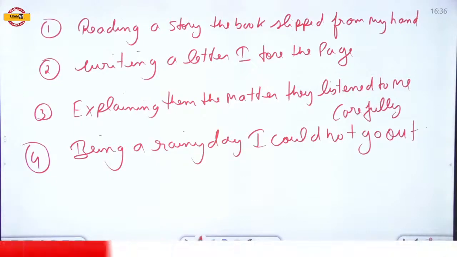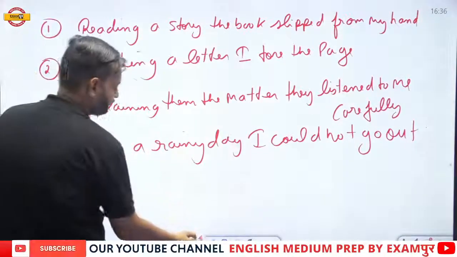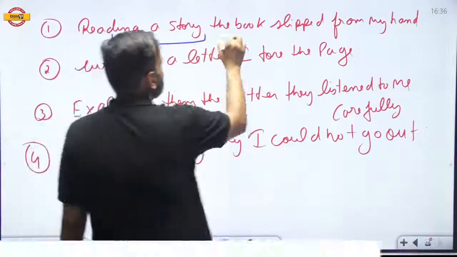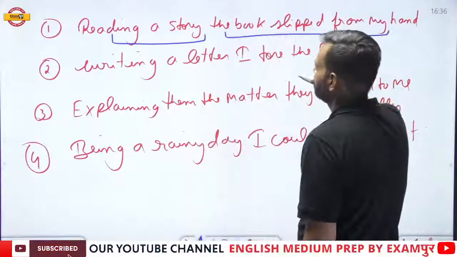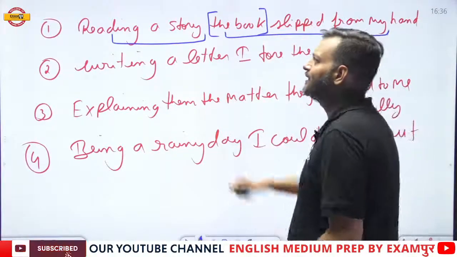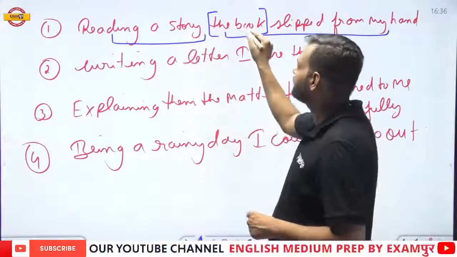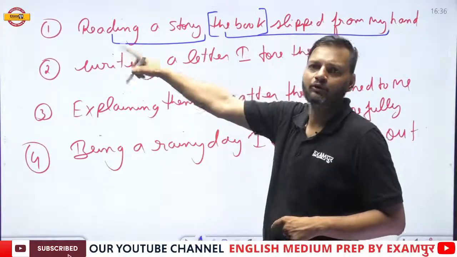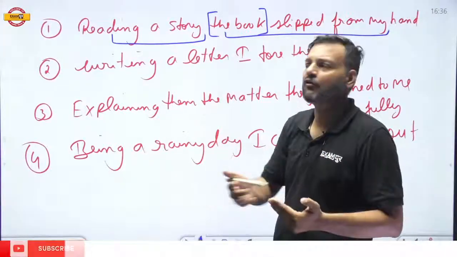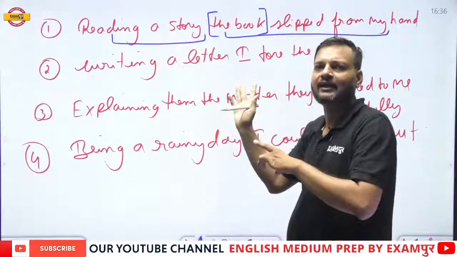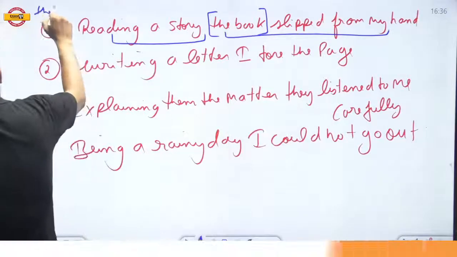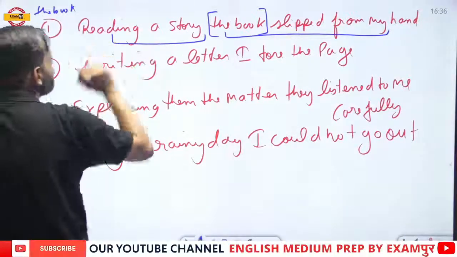See, reading a story. This is our first clause. The book slipped from my hand. This is the second clause, and the subject of the second clause is the book. Now, if this sentence is correct, this subject has to be in the starting also. If the book is the subject of the first clause also, then this sentence is correct, otherwise it is wrong. If we put the book here, it becomes the book is reading a story.